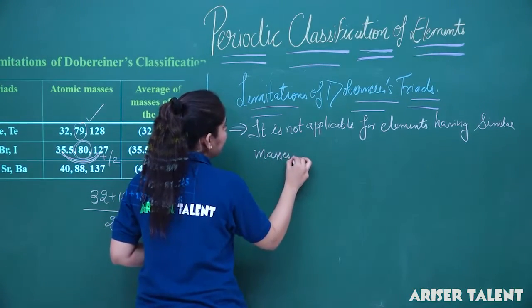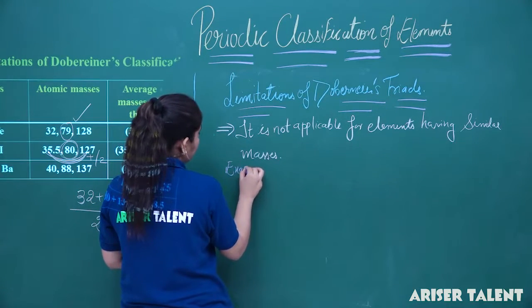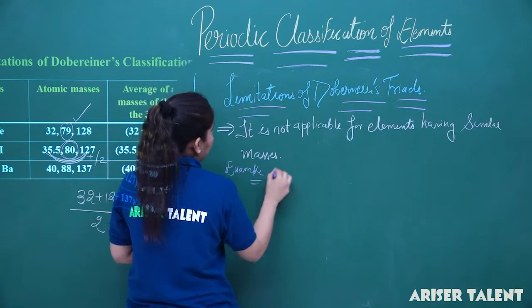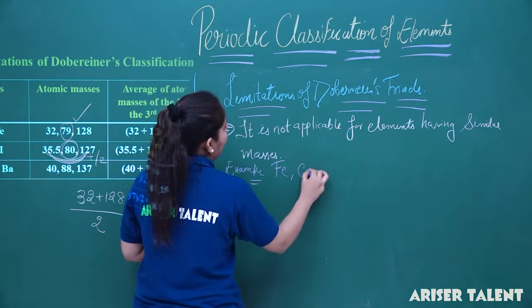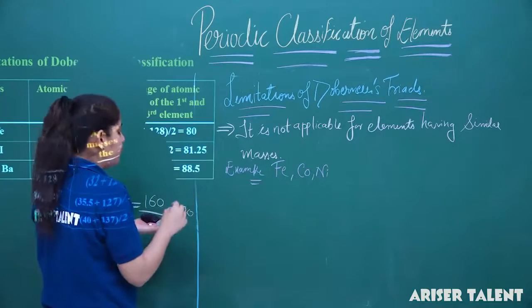For elements having similar masses, this method is not adopted. For example, iron, cobalt and nickel. For these elements, this method is not adoptable.